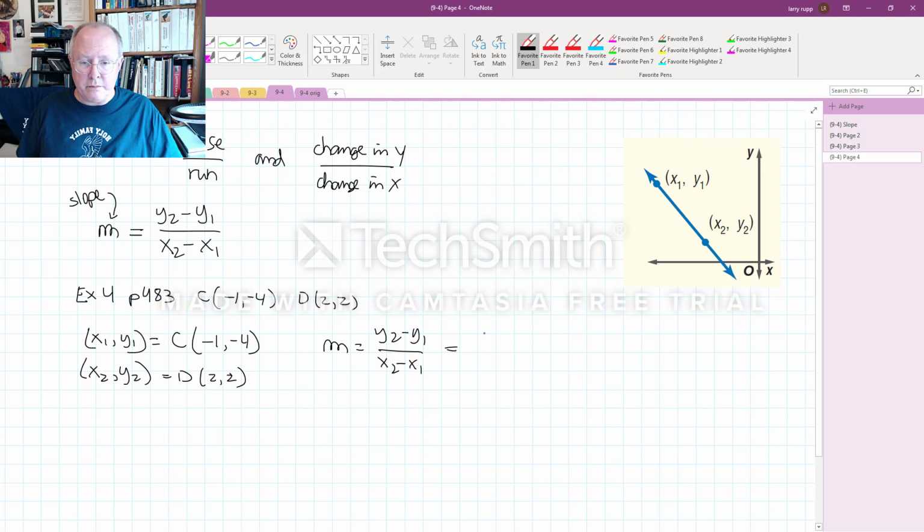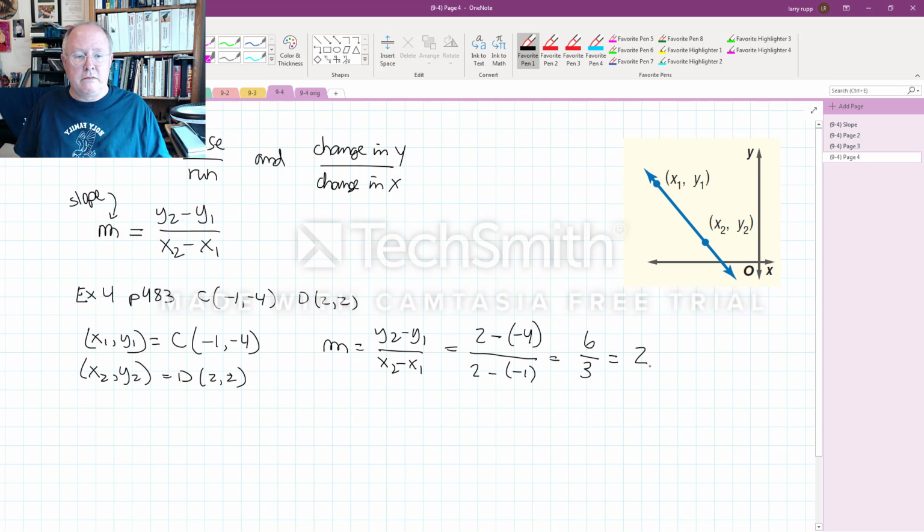Looking back now at our points, y2 is 2 minus y1, which is -4, over x2, which is again 2, minus x1, which is -1. Okay, so 2 minus a -4, you should get 6. 2 minus a -1, yes, you should get 3. Therefore, the slope of this line is 2.